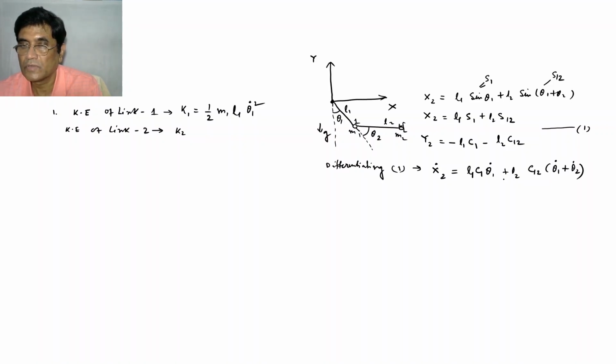Okay, you can do this with a notebook, with me. That will be very good and increase your confidence. And if I make any mistake, you will be able to correct me. That is another advantage. Differentiating y2, you get L2 sin theta 1 plus theta 2, theta 1 dot plus theta 2 dot.